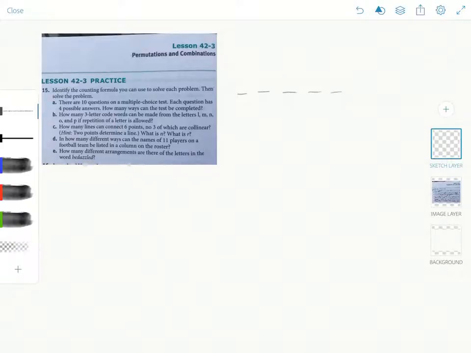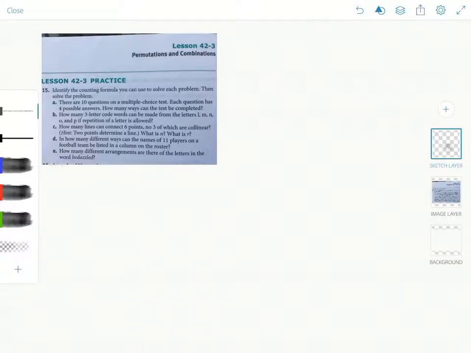There are 10 different questions on this test with 4 possible answers, and it's totally fine to answer A, or B. We could repeat anything, and A, B would be different than B, A. So in short, what we end up doing here is 4 possibilities raised to the 10 different times that those 4 possibilities can happen. So this one is akin to the secret codes.